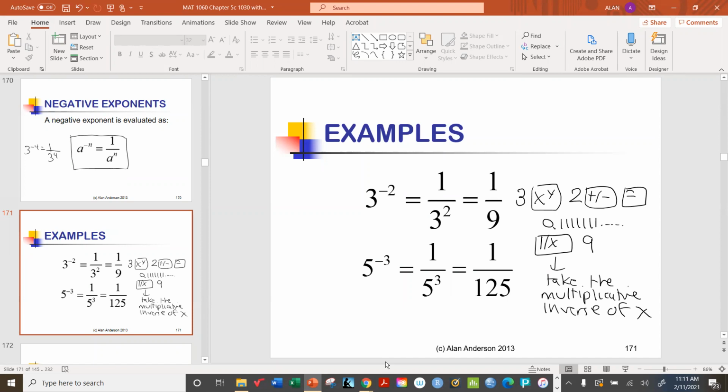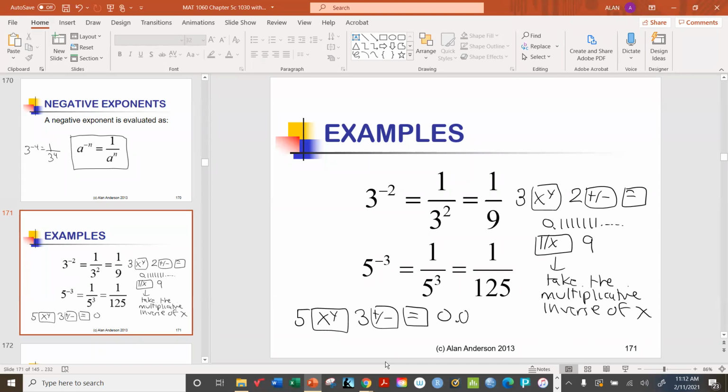Now we'll do the same thing here. To execute this on your calculator, you would put 5 x to the y, 3 negative, equals. Now this time, we're going to see that that equals, on your calculator, when you go through all those steps, it'll turn into 0.008.